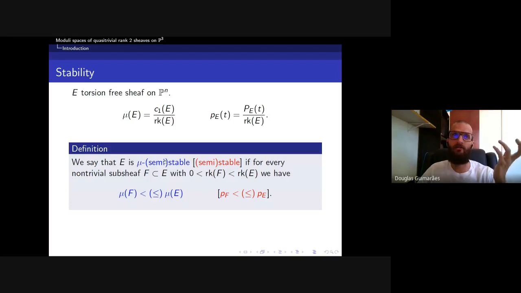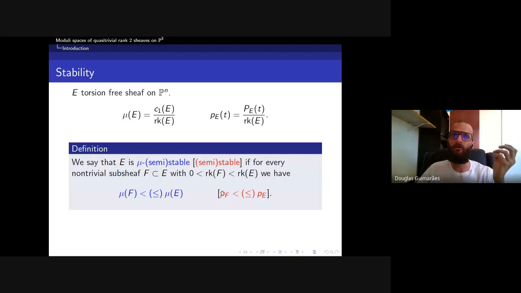We say that a sheaf E is mu-stable if for every non-trivial subsheaf of E with less rank, this inequality holds. If we allow equality, then we say that E is mu-semi-stable. This is usually called slope stability.